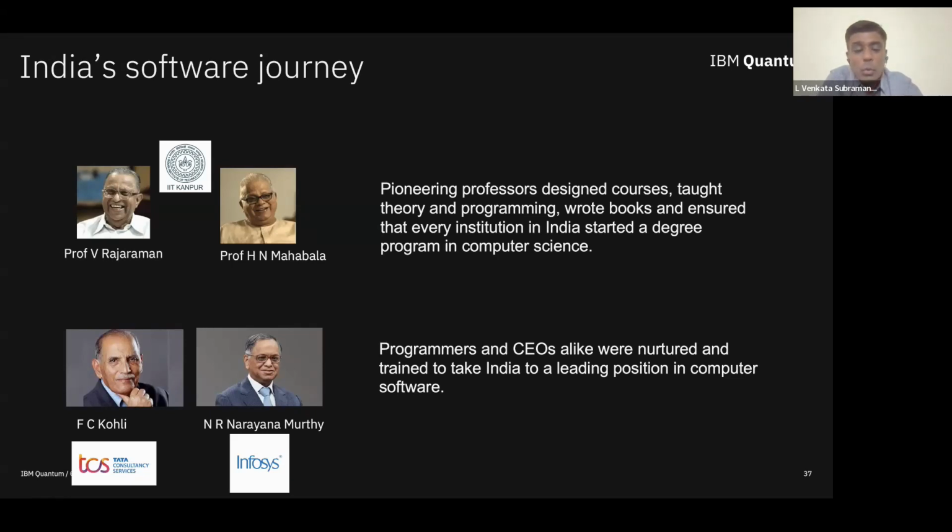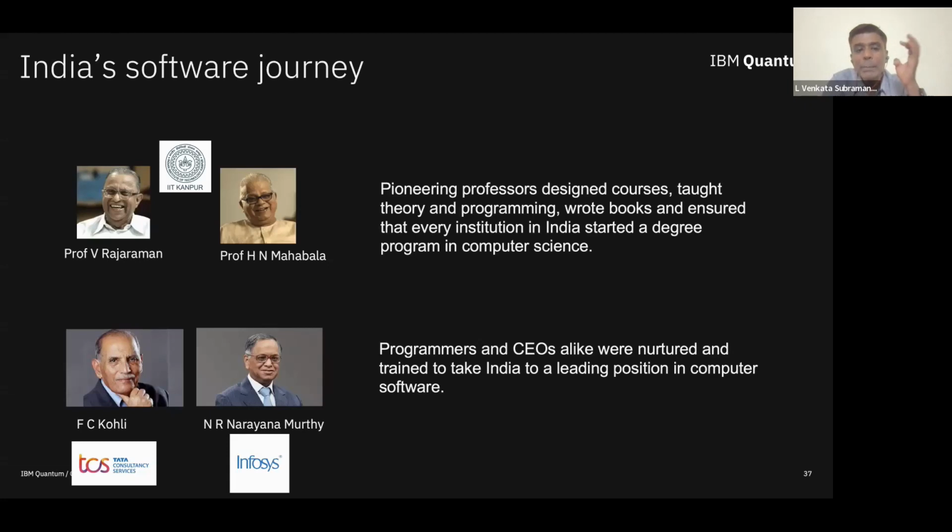But there was no professor, or nobody, who took over the same thing for hardware in India. And that's why we did not become a hardware nation, right? There are things that people are beginning to change, but this is the important learning for all of us: IIIT Kottayam and many of the educational institutions in India now have to take on the mantle that was taken by some of these pioneering professors in the 60s.